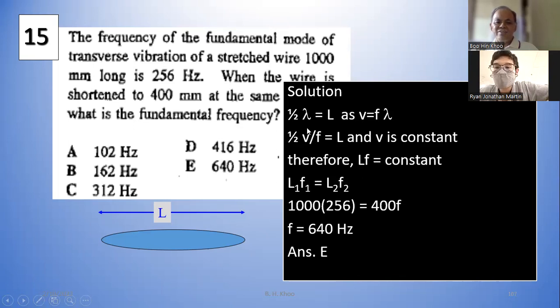Easier, rather than go and calculate your v and then calculate again. Then L1 f1 equals L2 f2. As long as we have this formula, L1 is the first one, 100. f1 is this one. And L2 is 400, and f2 is the one we want to calculate. We call that f. Calculate, the answer is E.